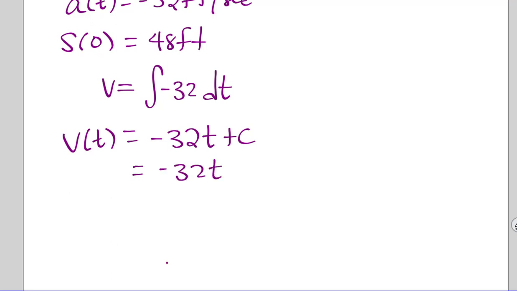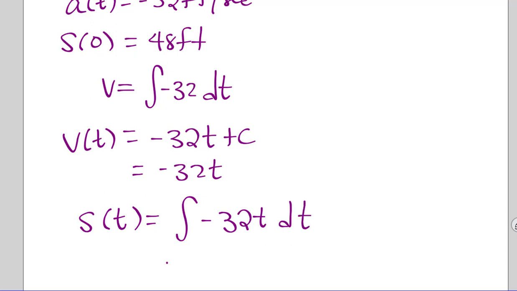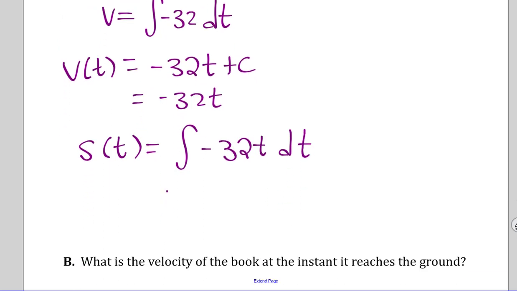Okay. All right, so now I'm going to try to find my position function. And so we get s of t equals the integral of negative 32t dt. When I integrate that, we're going to get negative 32t squared over 2 plus c.